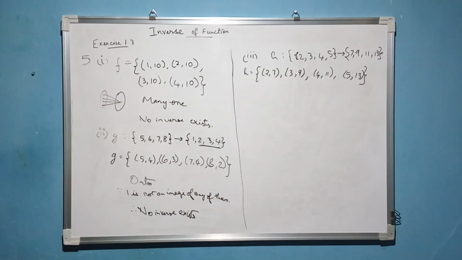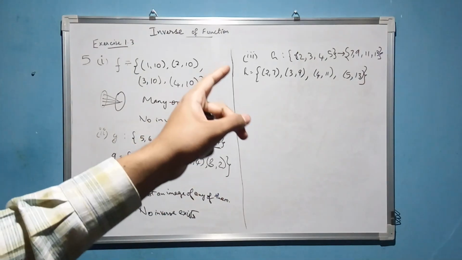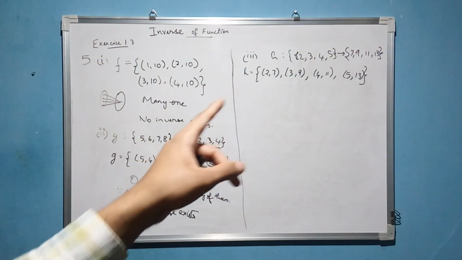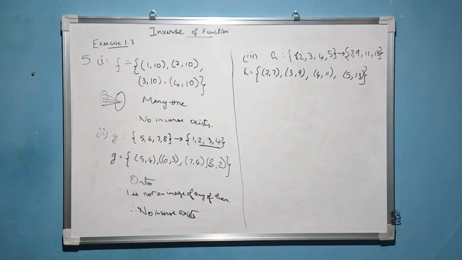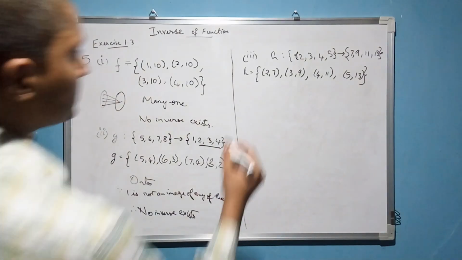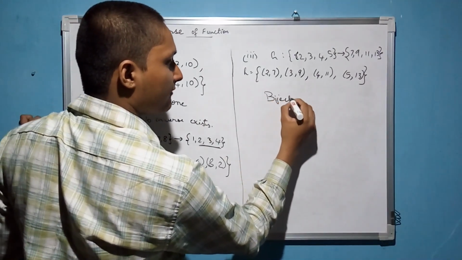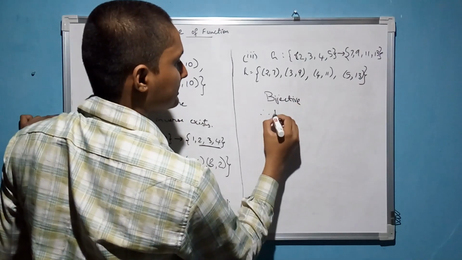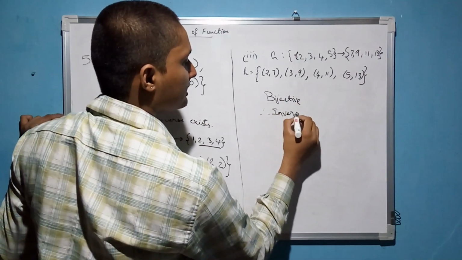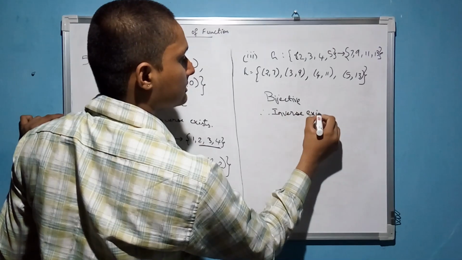The second part is that it is an onto function, because all of the elements of the second set, that is 7, 9, 11, 13, are included among the images. Hence it is going to be a bijective function. Therefore it is going to have an inverse. Therefore inverse exists. So what is going to be the next question? You need to check.